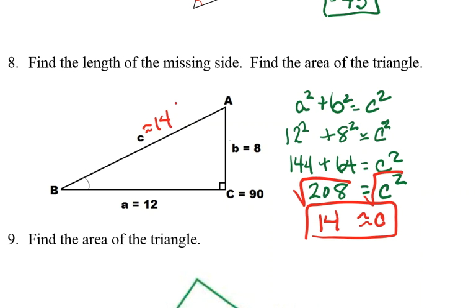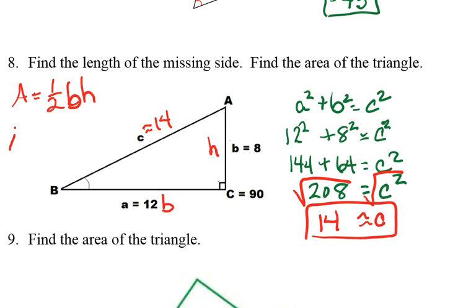Obviously, the less you round, the better answer you'll get later on. So I know that. Now it wants me to find the area of the triangle. Well, the common formula for area of a triangle is 1/2 base times height. The base is the part that it's sitting on, and the height is the straight up and down. So this would be the base and this would be the height.